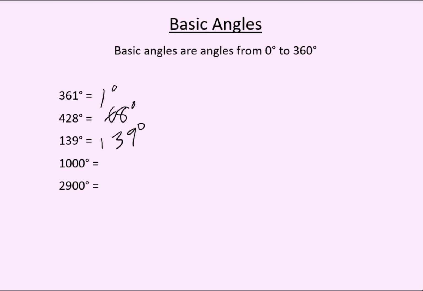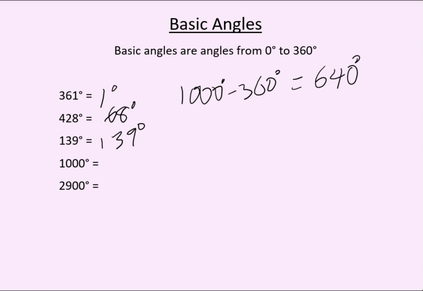For the fourth one, 1000 degrees. If we look at it, even after subtracting 360 degrees from 1000 degrees, which will be 640 degrees, we could see that even this 640 degrees is more than 360 degrees. So we will keep subtracting till we get something from 0 degrees to 360 degrees.